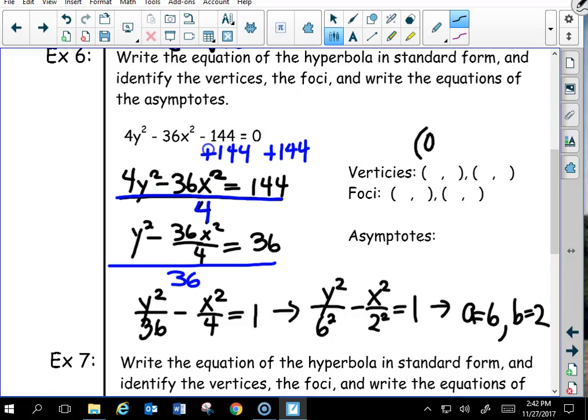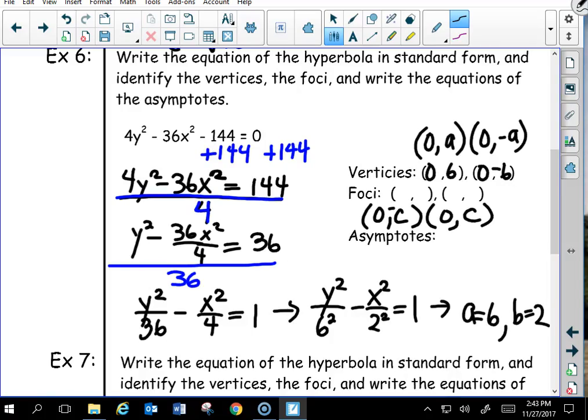So x equals 0 and a, and 0 and negative a. a is 6. And the foci, same idea, are going to be at (0, c) and (0, −c). I need to calculate the foci though.